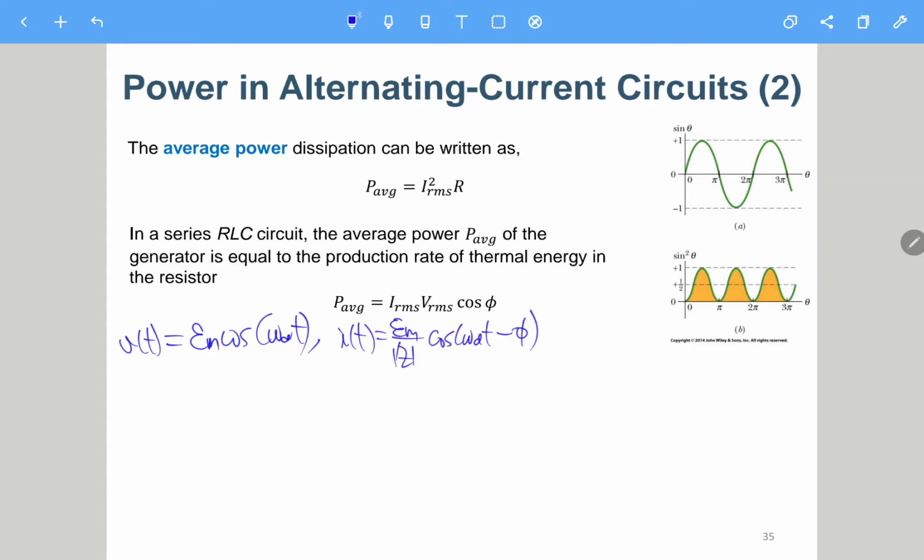Okay, so here when we try to calculate the P average, it will be 1 over T, integral from 0 to T of V of t times I of t dt.